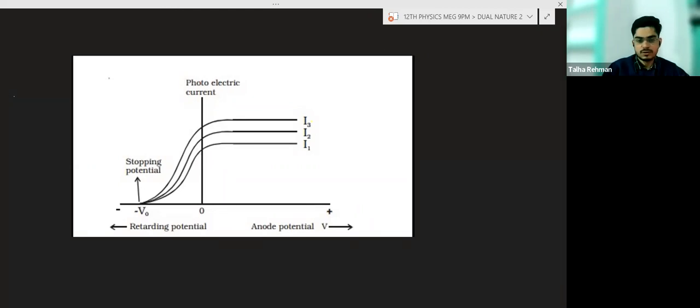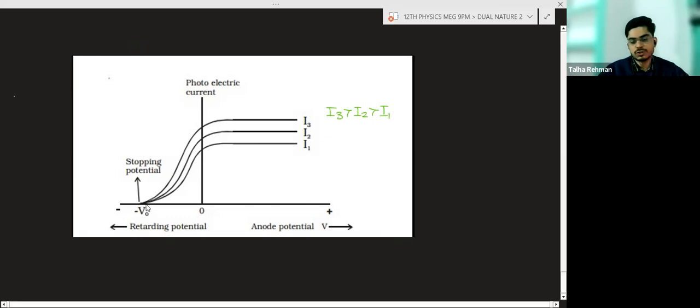Here I3 is greater than I2 is greater than I1. But stopping potential is the same because stopping potential does not depend upon the intensity.